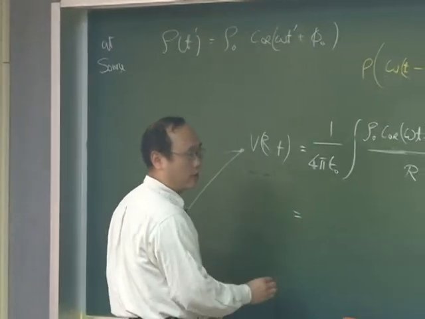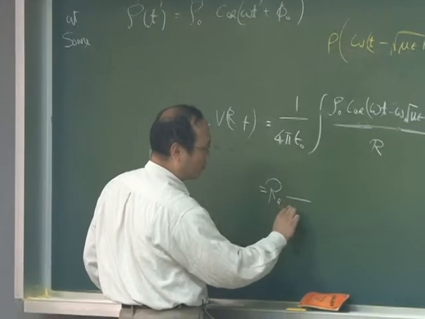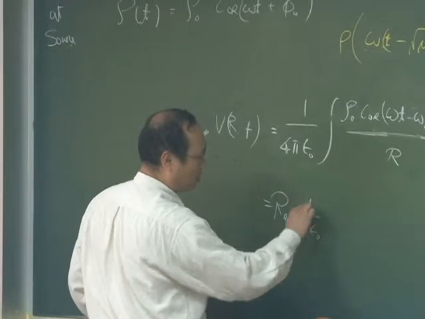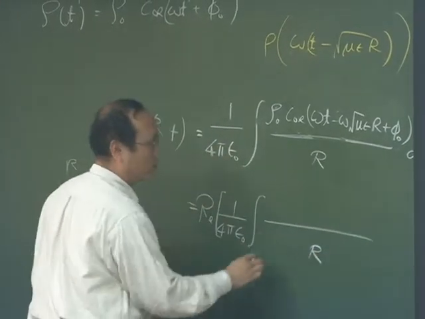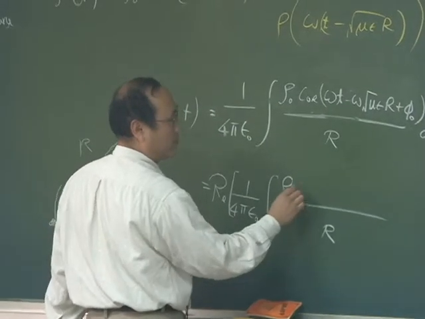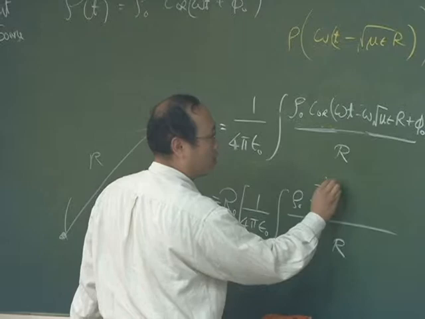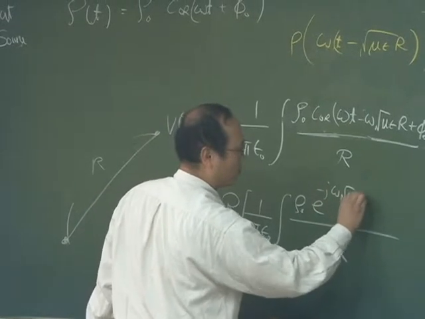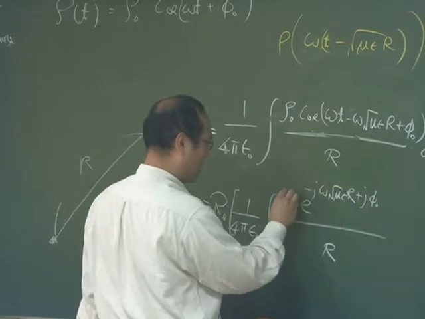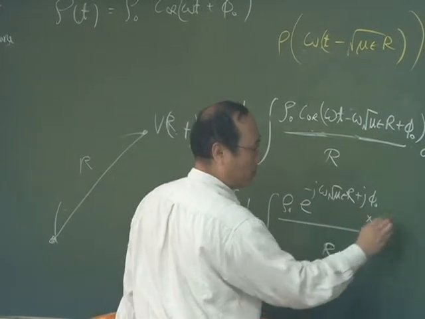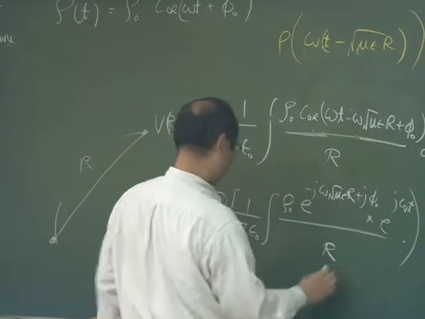So this you can continue to convert into the real part of 1 over 4 pi epsilon naught, and then you have 1 over r rho naught exponential minus j omega square root mu epsilon r plus j phi 0, and the whole thing multiplied with exponential j omega t.